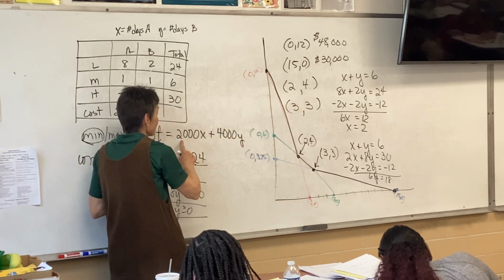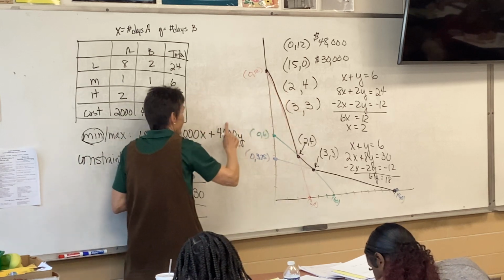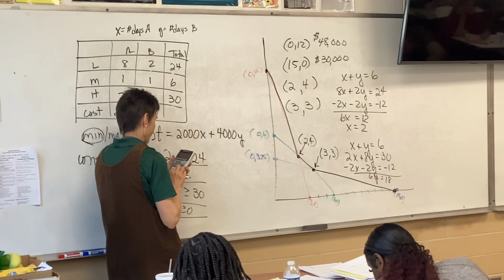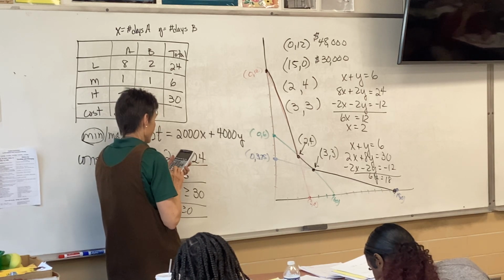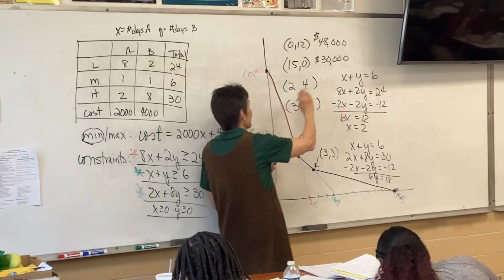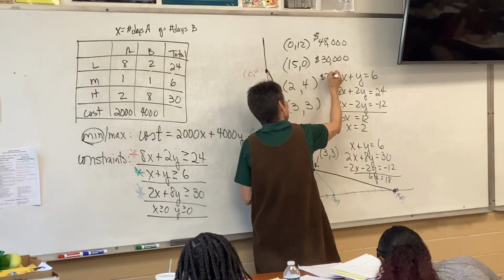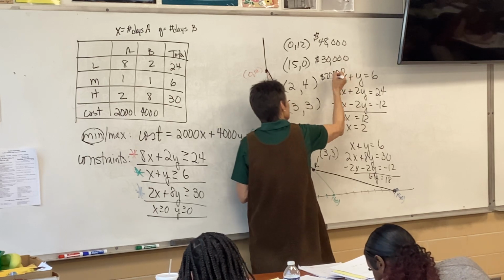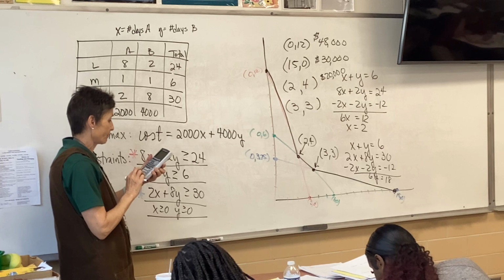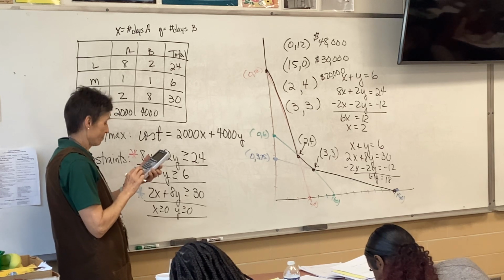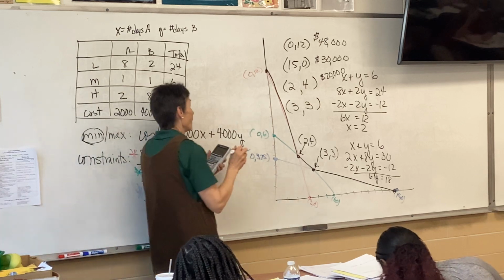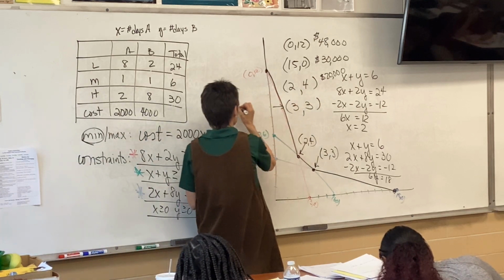So it's 2,000 times 2 and 4,000 times 4. I should be doing this without a calculator, but I'm being kind of lazy. 20,000 for that one. And then 3 and 3. Wow, 18,000 for that one.